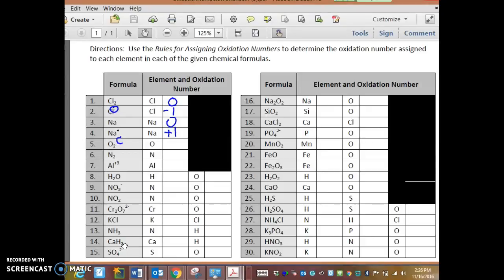There is no symbol up there. The total must be 0. N2, 0. Aluminum with a 3+ charge: +3.